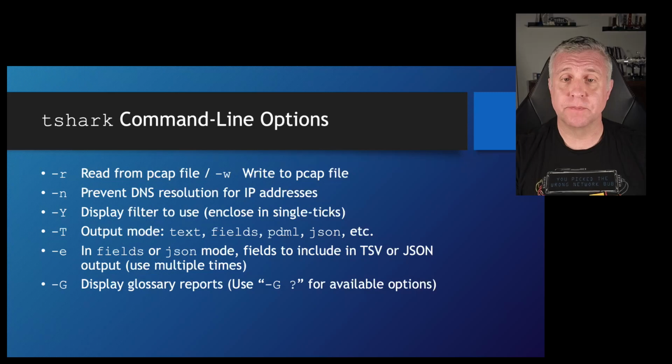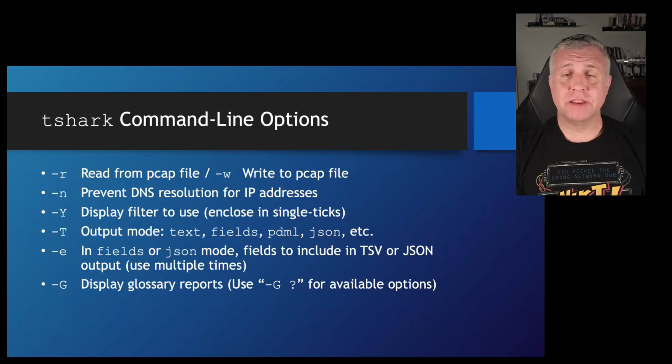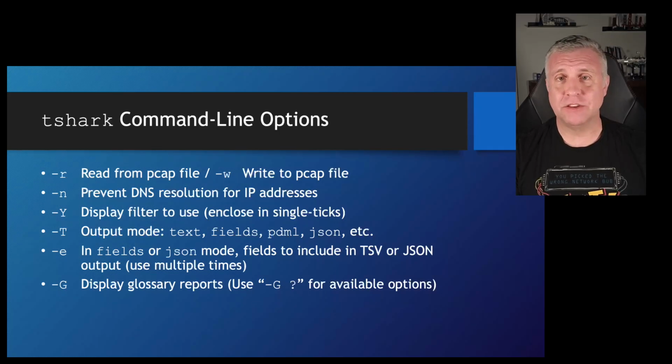And probably one of the cooler and least remembered, least understood of all these features is the capital G option. The capital G option is going to be the glossary, which means, hey, tshark, reach back into those Wireshark related backend libraries and give me a list of what you know. So you might say -G protocols.